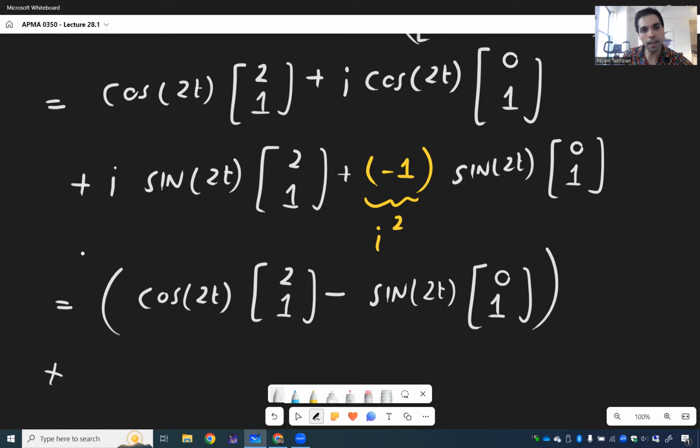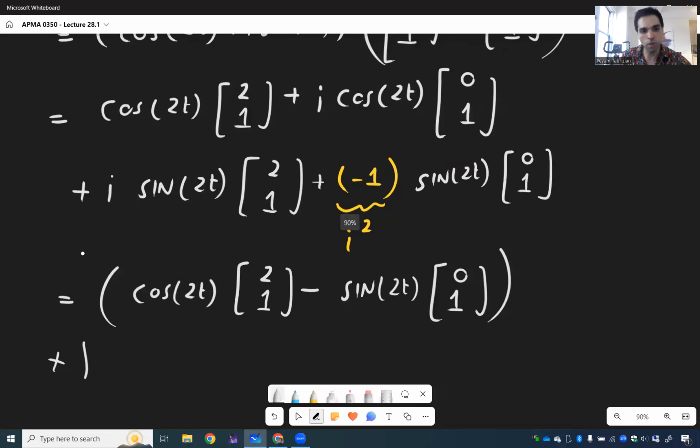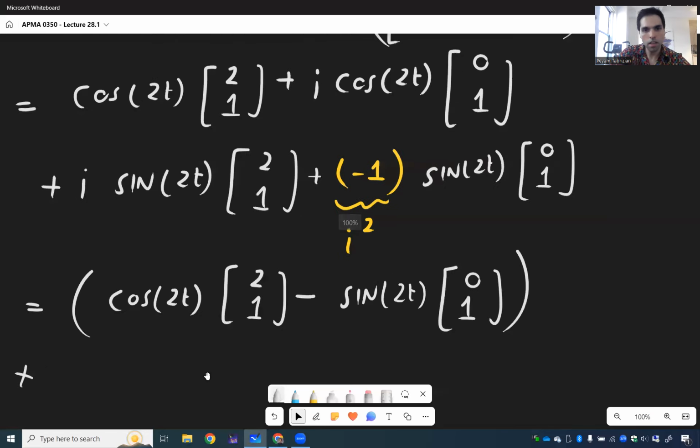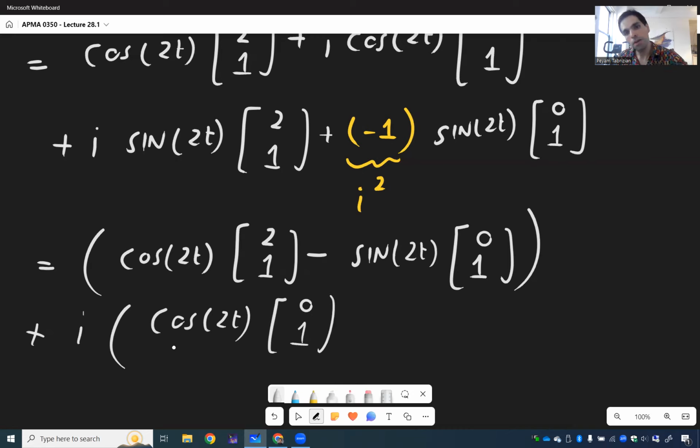And then plus i times what are called the cross terms: cosine 2t times (0, 1) plus sine of 2t times (2, 1).